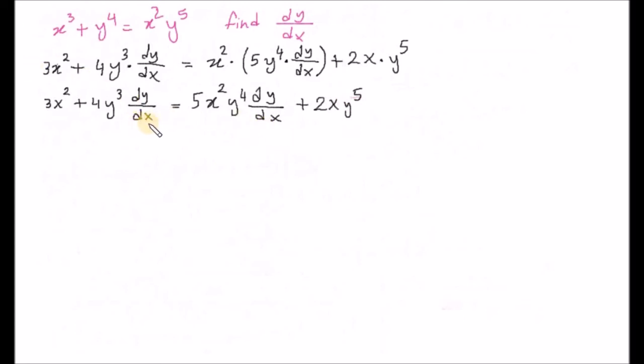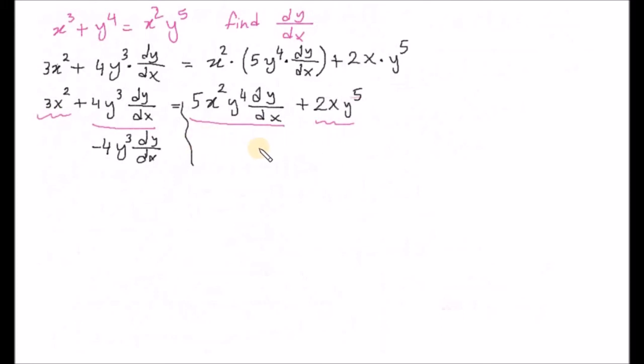Now I will bring the terms that have dy over dx to one side, and I'm going to kick the other terms to the other side. So literally I want to remove this term, go to the side that has that term, and I want to bring this term with that term. So in this case, I will subtract 4y to the third dy over dx from this side, and I will do the same to the other side of the equation.